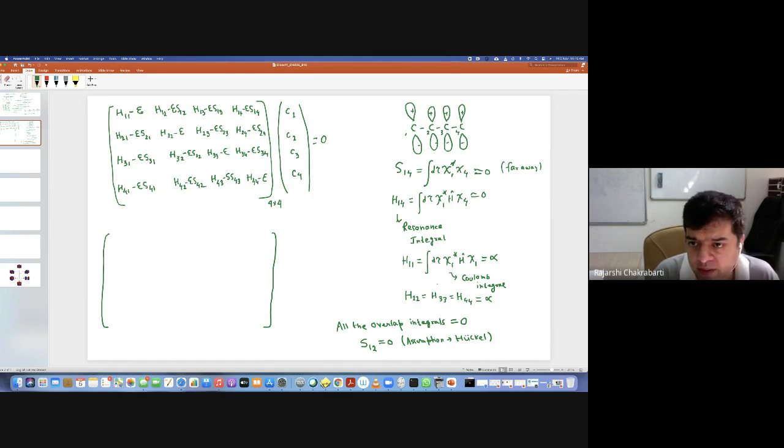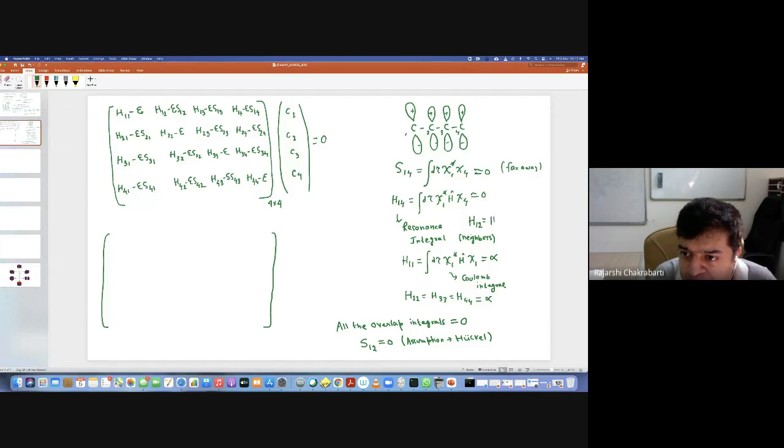Huckel also assumed that H14 is 0. But if I have a situation like H12, nearest neighbors, they are just next to each other.